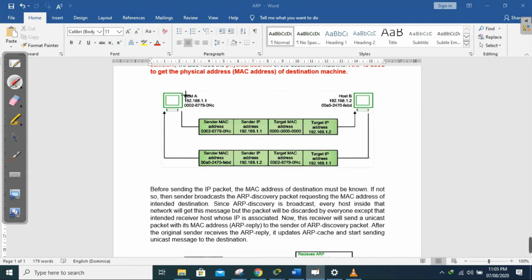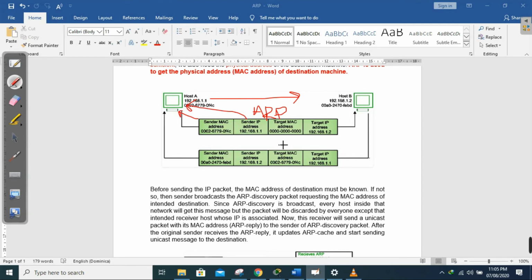Initially I wanted to send some data from host A to host B. Since my sender is host A, it created an ARP packet, and this packet had different fields: sender MAC address, which indicates host A's MAC address, and sender IP address, so host A's IP address.